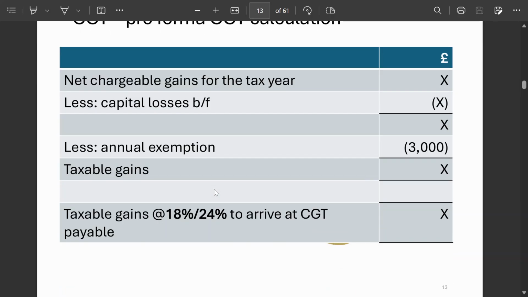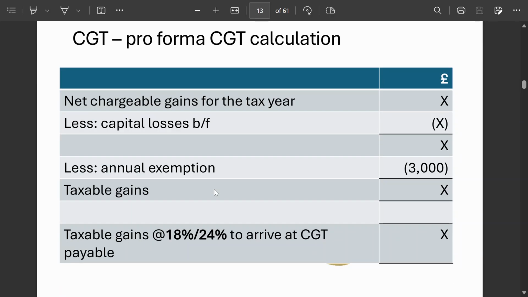All right, okay, what else? So this is the high level calculation. The pro forma I showed you earlier is for each asset. We saw that earlier: you have gross disposal proceeds, allowable selling costs, net disposal proceeds, less allowable expenditure, which consists of cost of acquisition, incidental costs of acquisition, and additional capital enhancement expenditure.